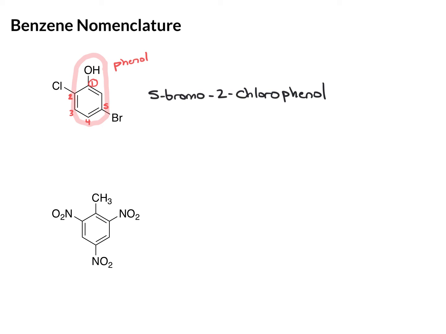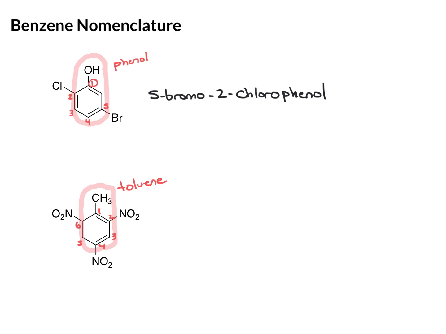In the final example, what we have here is toluene within the structure. So that's our common derivative. This carbon that has the CH3 group will be carbon 1, and then it doesn't matter which way we number, it's equivalent in both directions.